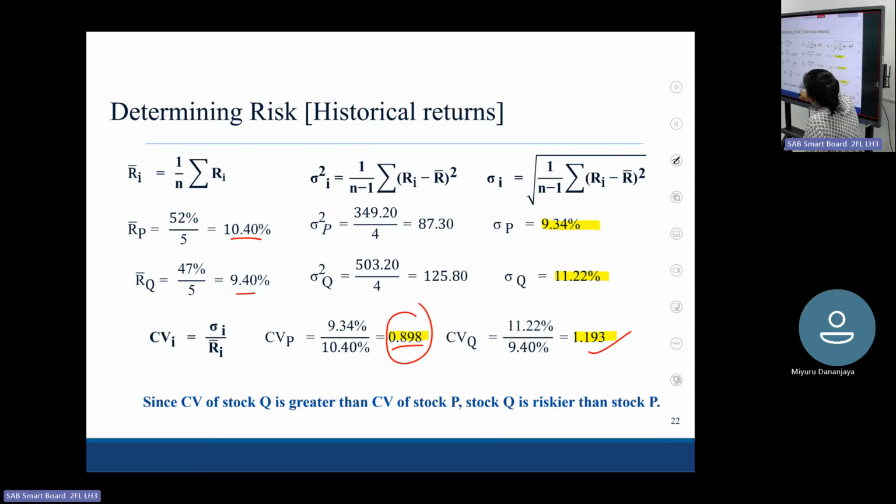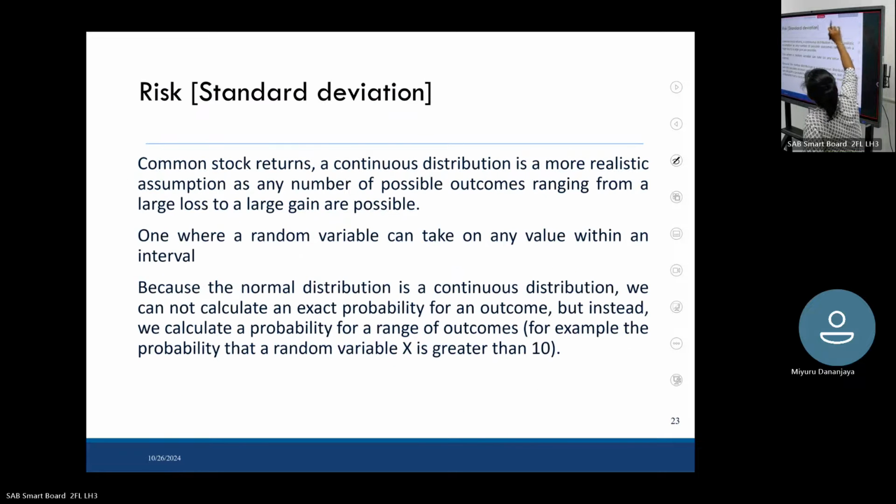Since the coefficient of variation of stock Q is greater than P, stock Q is riskier than P. So when it comes to the standard deviation, you need this one to take the decision. You know how to calculate that.